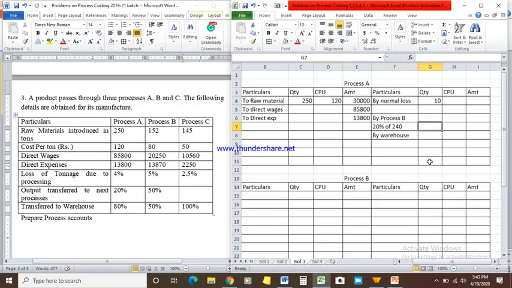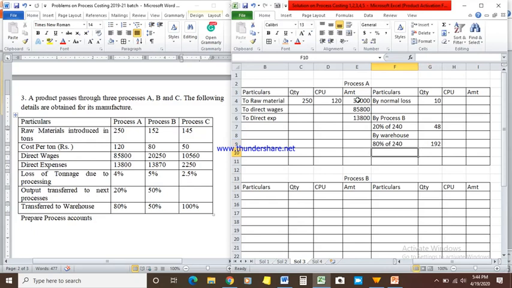If I take that up, it comes to 0.20 into 240, that is 48 tons. 80% of 240 is transferred to warehouse, that is 0.80 into 240, 192 tons.